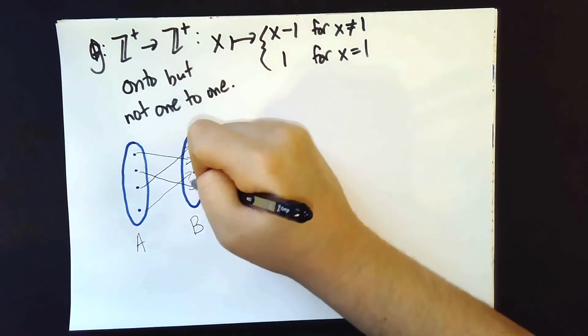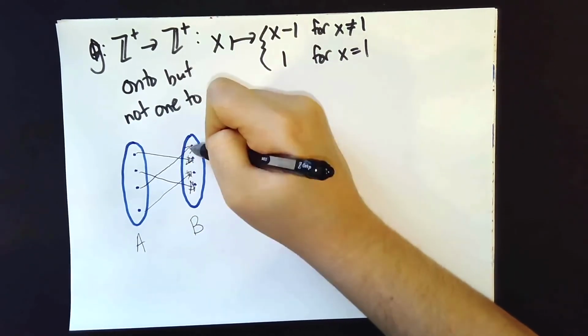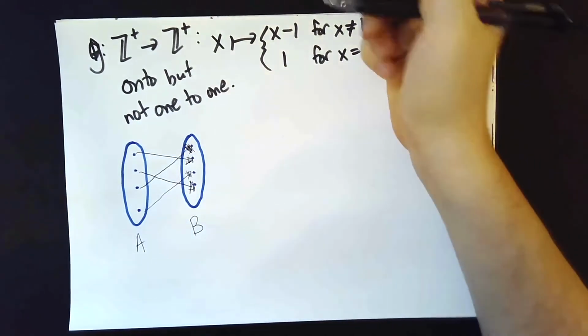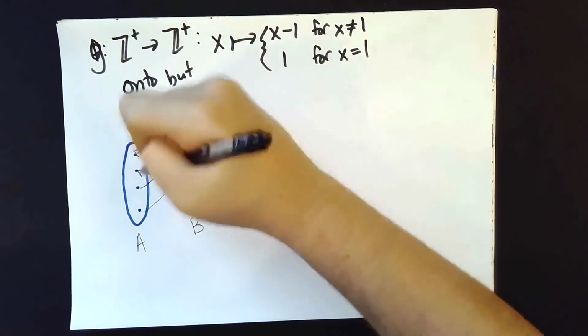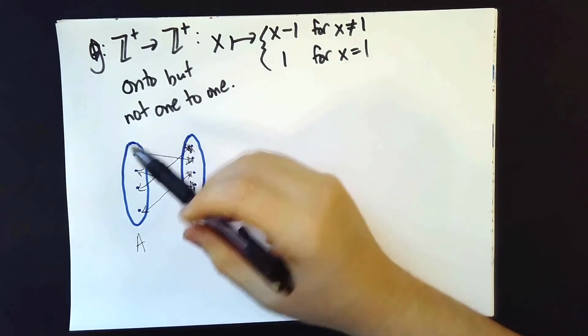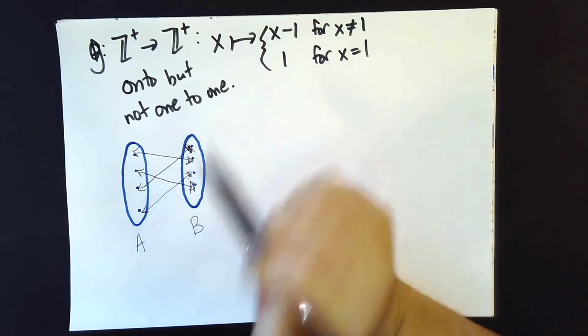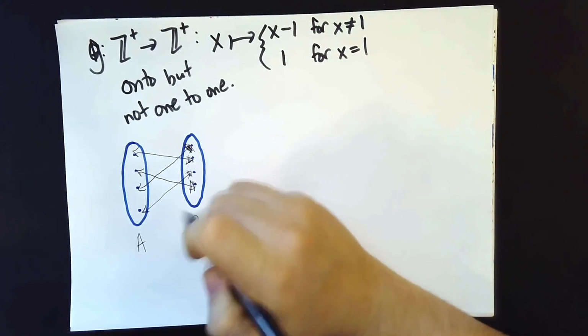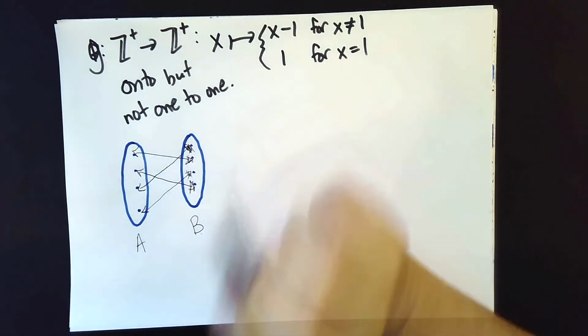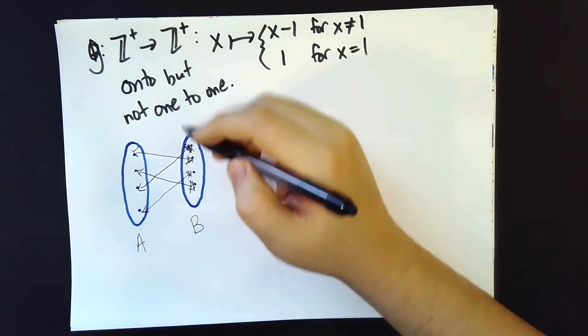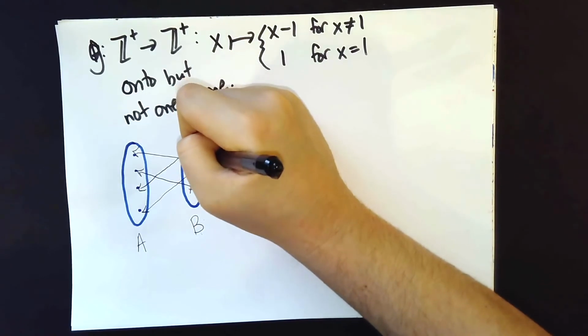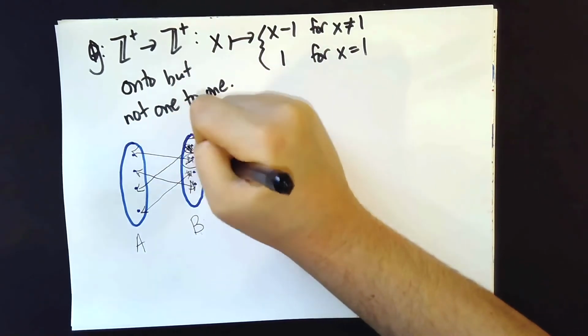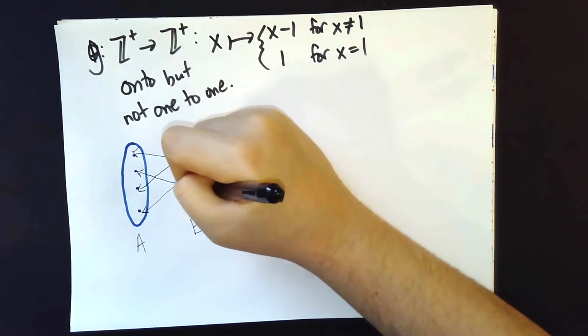I can delete the arrowheads from this side of the arrow, and then just put an arrowhead on the other side of the arrow. And what's happened here is I've turned a bijection from A to B into a bijection from B to A. And the reason why this worked is that there was exactly one arrowhead at each of these points.